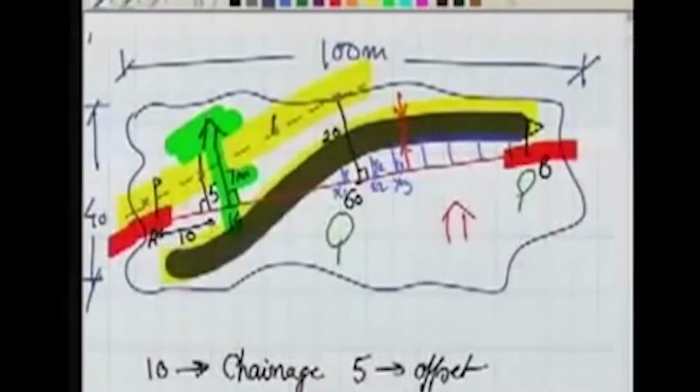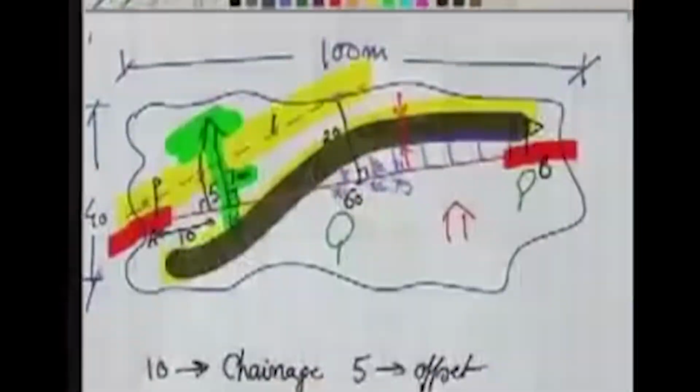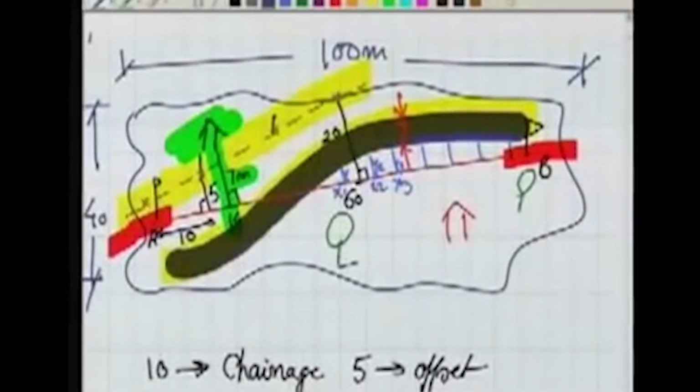For example, on the ground, I take some observations which are independent of the survey, which we are not using in the survey, which we are not using in the plotting. For example, I can measure the distance between this tree and the building here. I can measure the distance between the telephone pole and a building here.